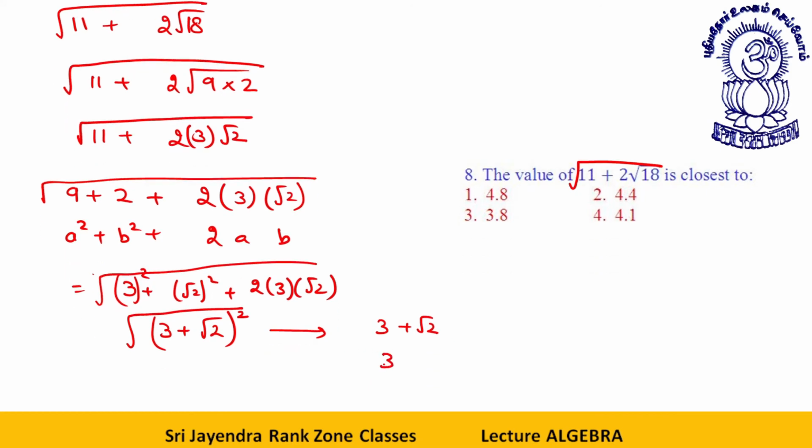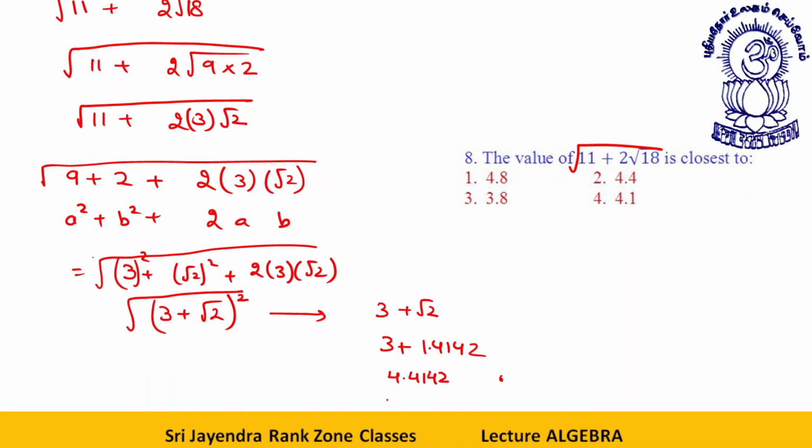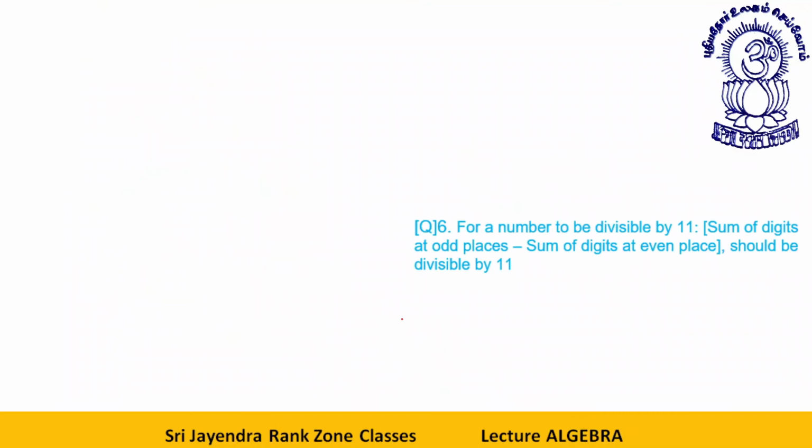This is 3 plus 1.4142, or 4.4142. So this is your answer: 4.414. This is your answer. Next question.